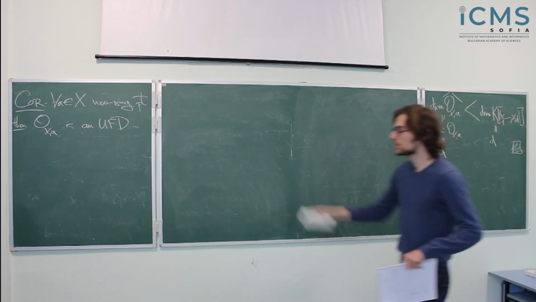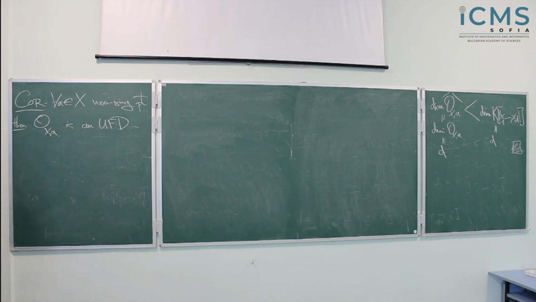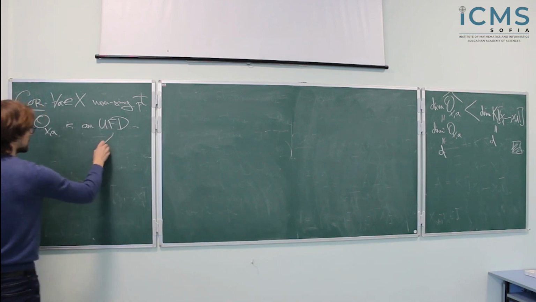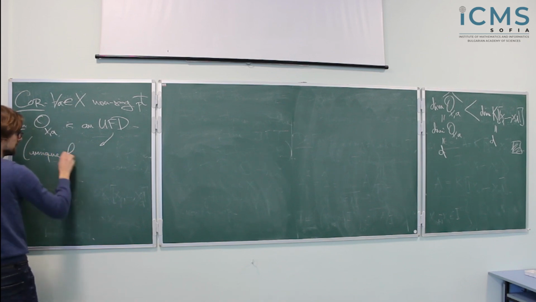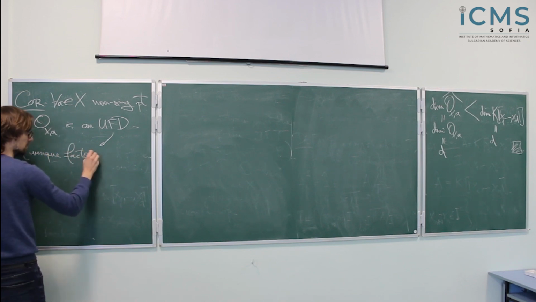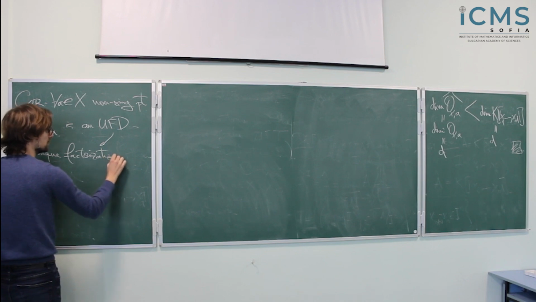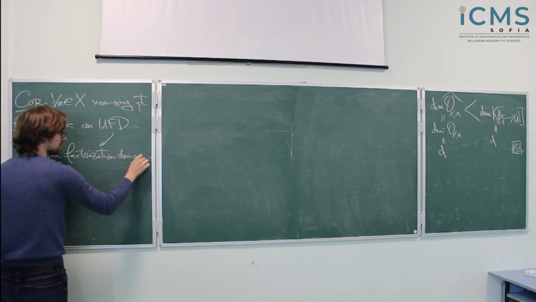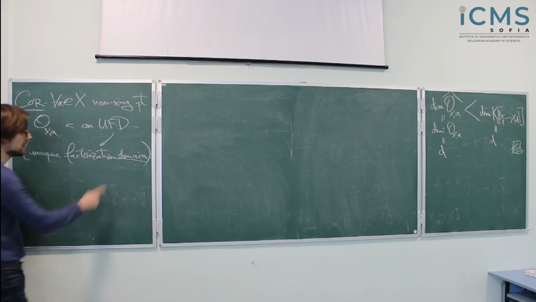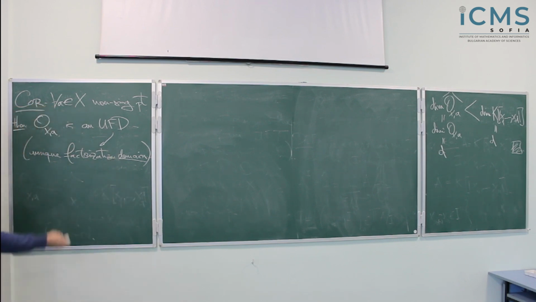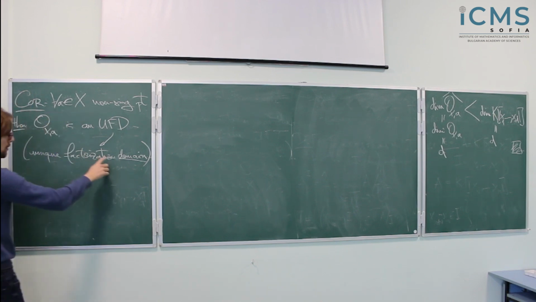So UFD, for those who maybe don't know, is unique factorization domain. This also brings you another ingredient: that it is a domain, for instance, but also that it is a unique factorization, or factorial. Sometimes you find this terminology, factorial ring.